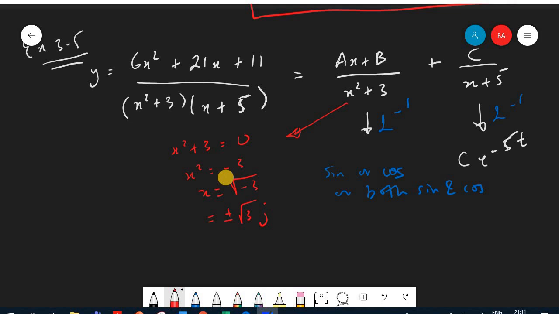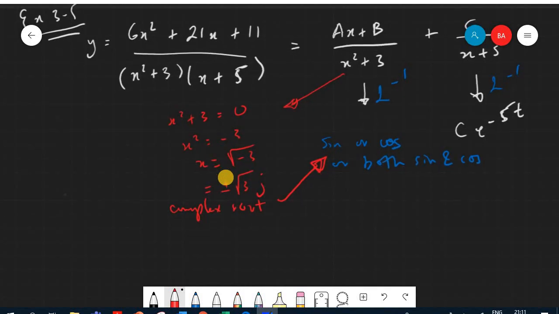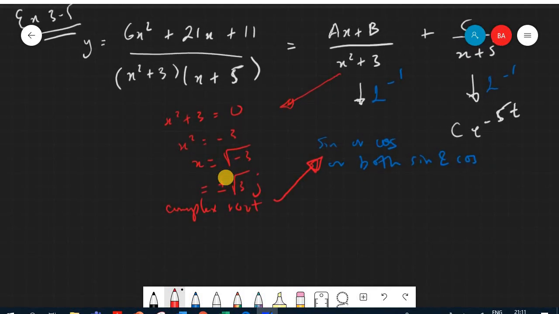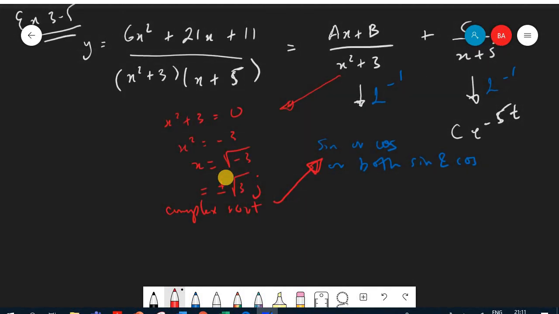Because this is square root of minus 1 into that. Because I'm going to have a complex root in my answer, it gives me an indication that it will have a sine and a cosine term. It just clicks into your head that this should be a sine and a cosine term.